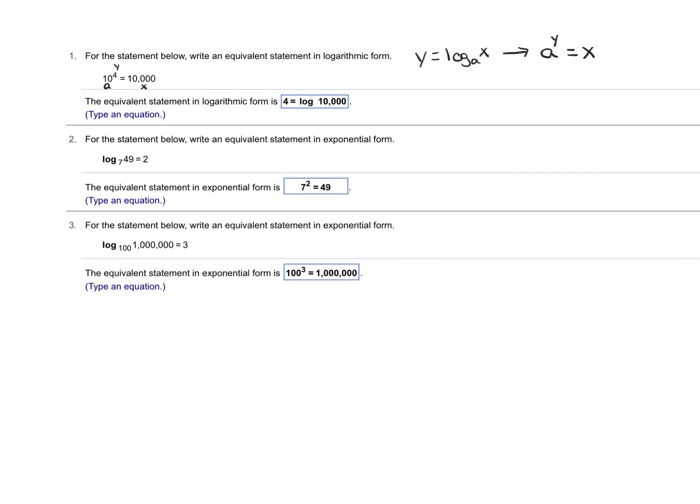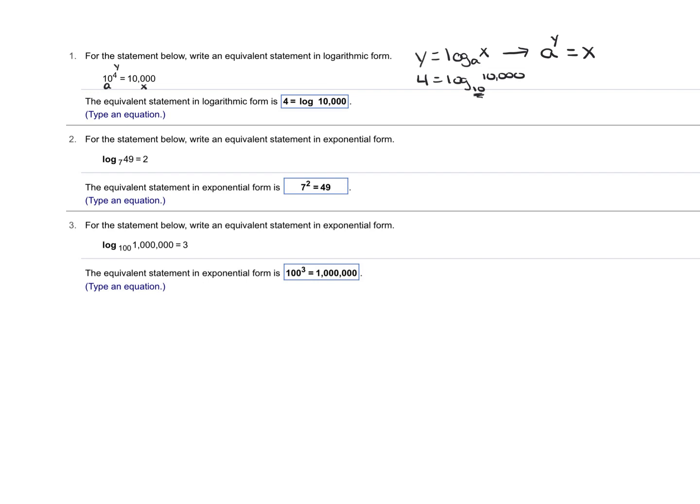So translate it to the log form. We have 4 in the y spot equals log base 10 of x, which is 10,000. And now when we're doing log base 10, we don't have to write the base there. That's implied. So if there is no base written, it's implied it's base 10.